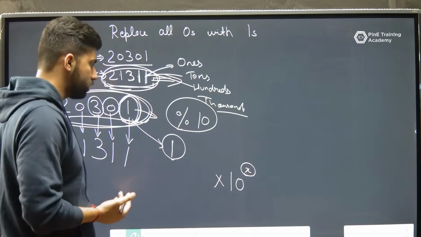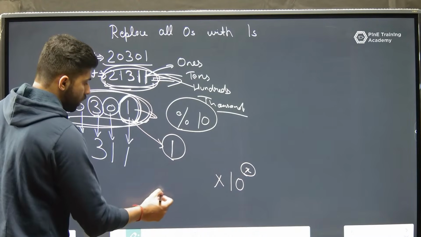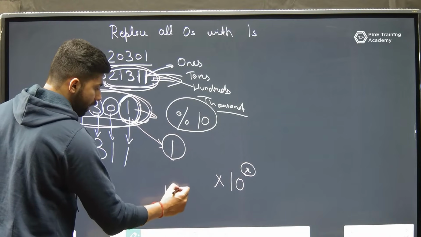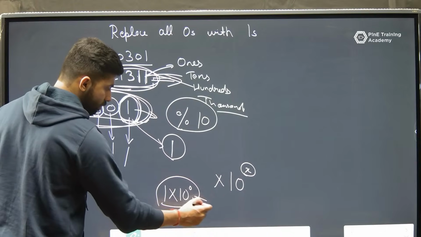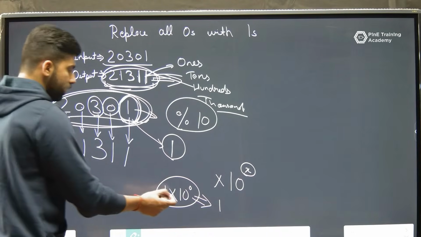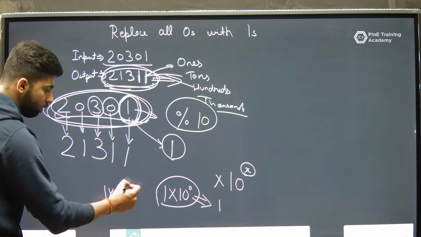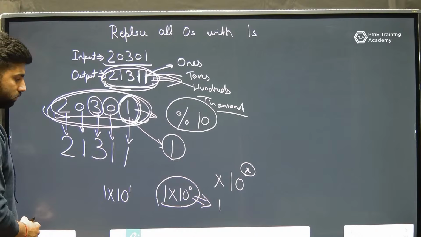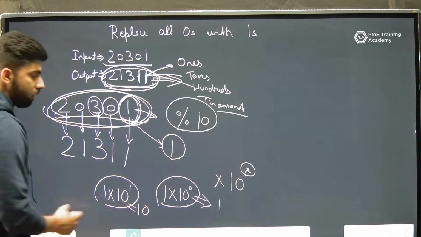10 to the power x, right? So if I do 1 into 10 to the power 0, I get 1. If I again do 1 into 10 to the power 1, I get 10.